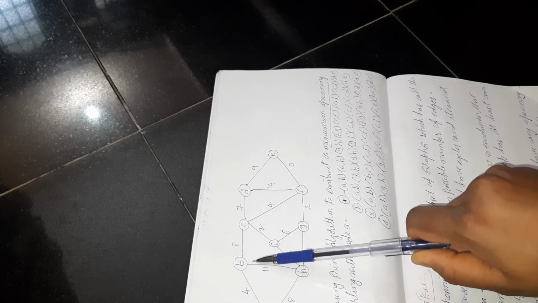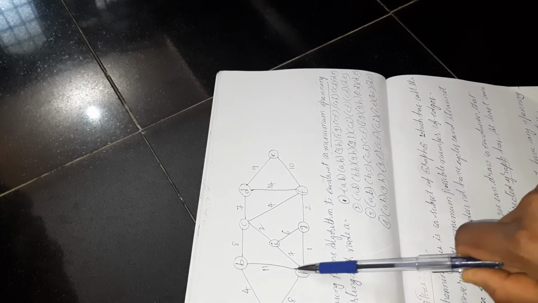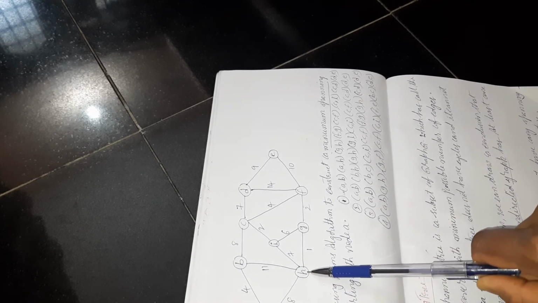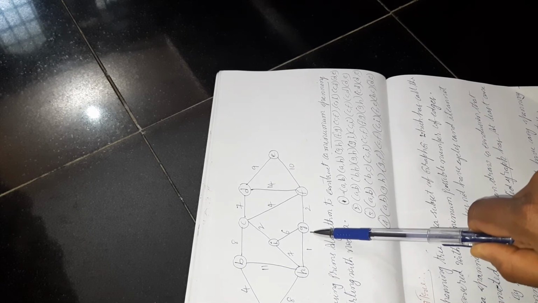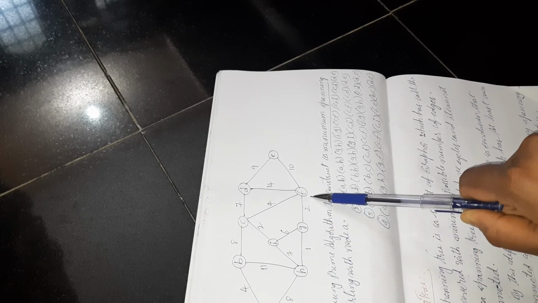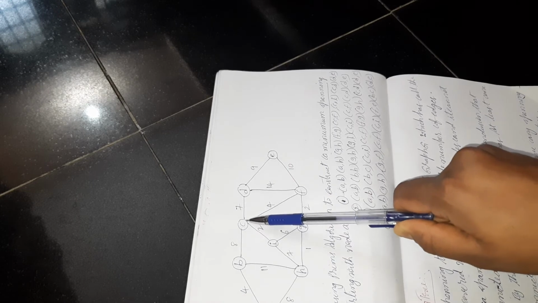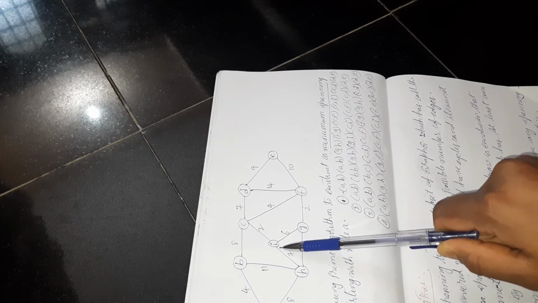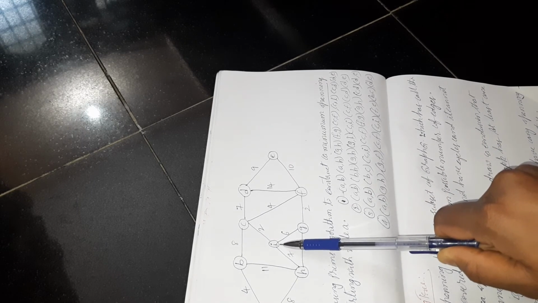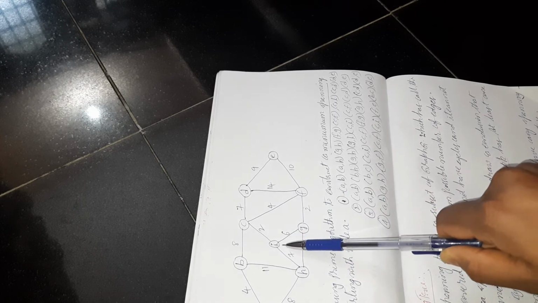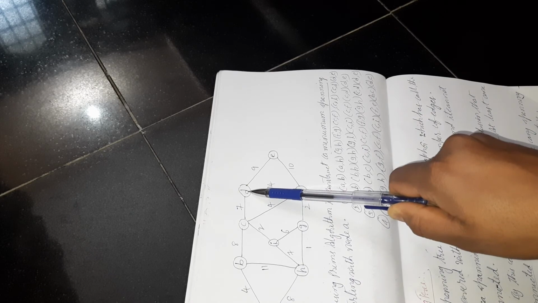First is AB. Next AH. AB, AH. Next GH, FG, next CI, next CF, CI, CD, DE.